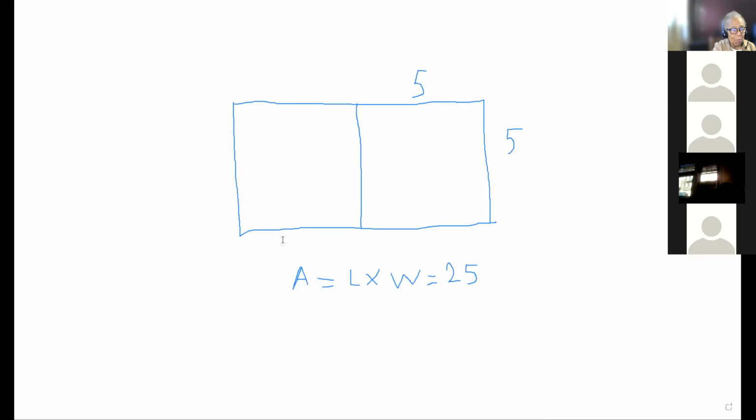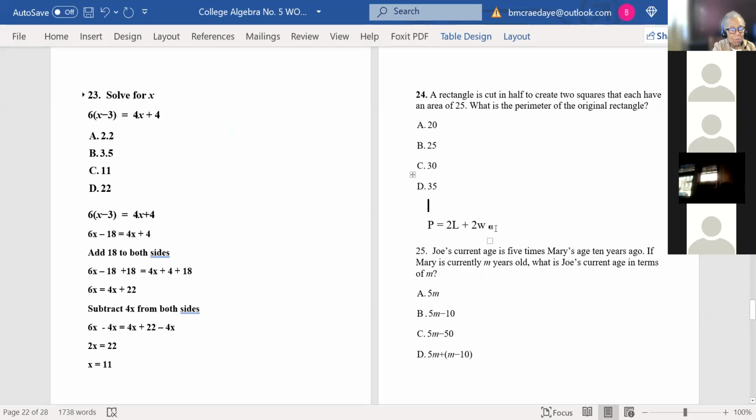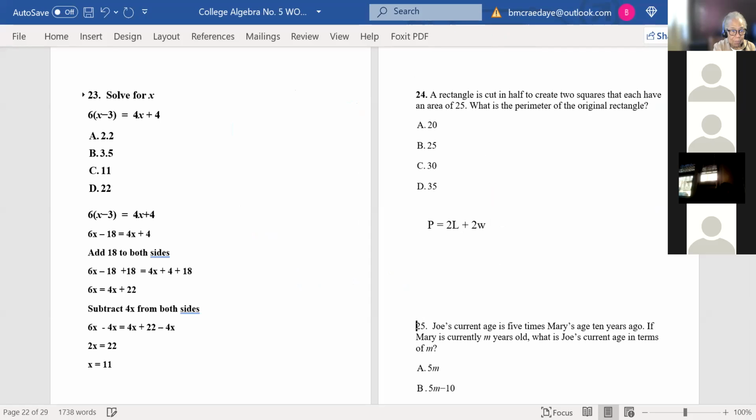Okay, so let's go back to our worksheet. Substitute in the length. What would this be, Latoya? P equals 2L, and what is L? 10. Plus 2 times the width.